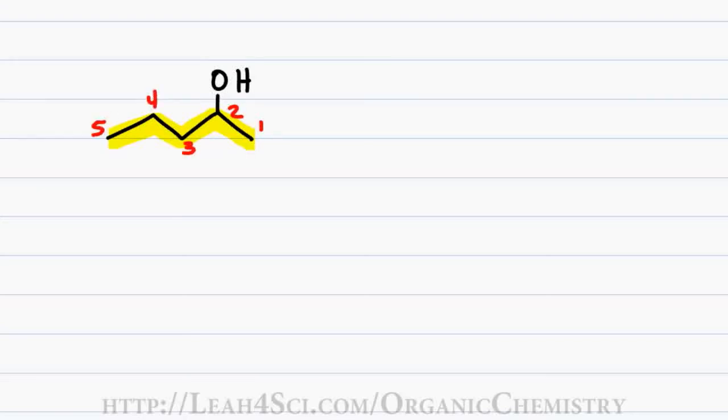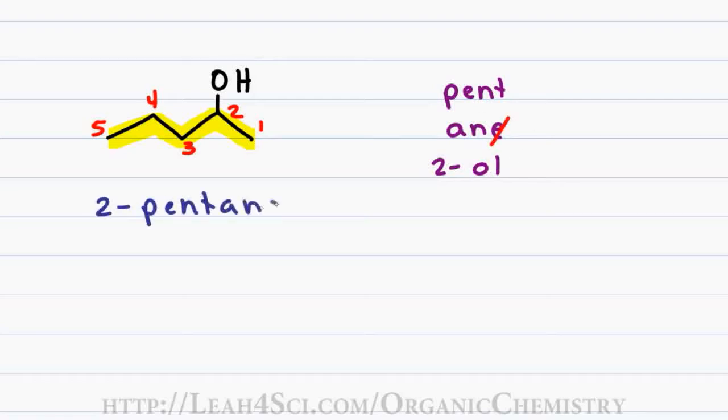In this case, we have 5 carbons giving me a first name of pent. We have only single bonds giving me a last name of ane. Since the alcohol occurs on carbon 2, we add the suffix 2-ol. When putting the name together, you can bring the 2 to the front of the name, and that means ol will directly follow ane, and so you drop the e. This gives me a final name of 2-pentanol, where it's an instead of aneol.